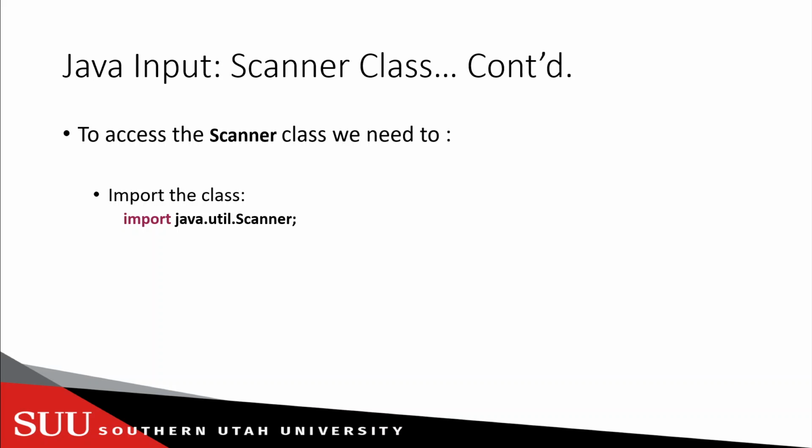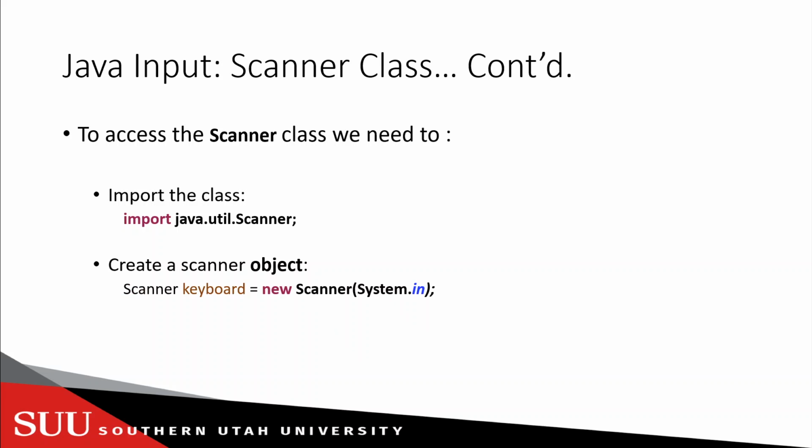The next step is we want to create a variable to store our scanner object, and the variable type has to match the same value type. So we'll create what we call a Scanner object, and this is done by declaring the type as follows.